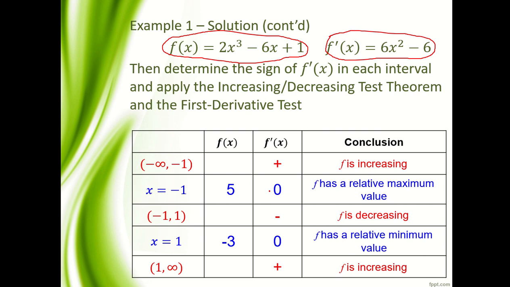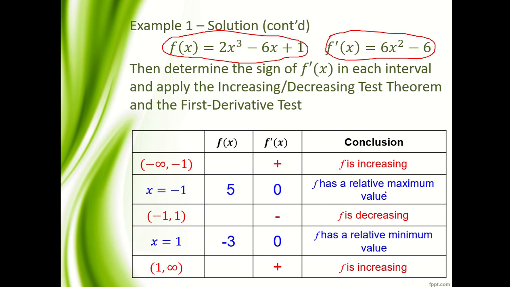So negative 1 squared is positive 1, positive 1 times 6 is 6, then 6 minus 6 equals 0. So here f has a relative maximum value.